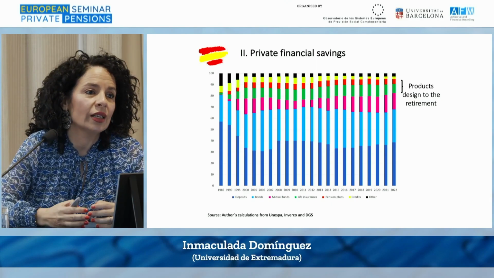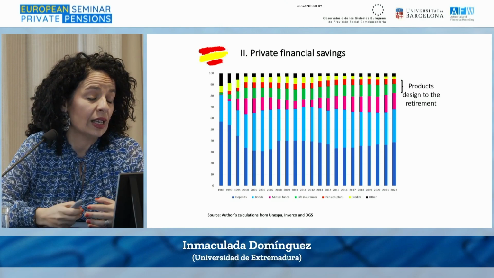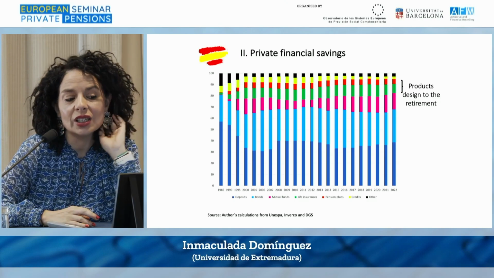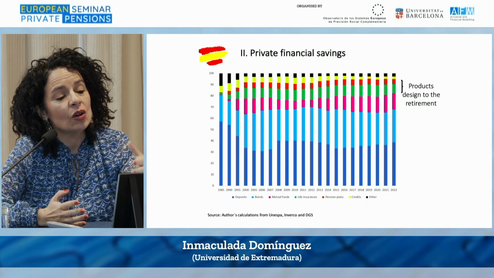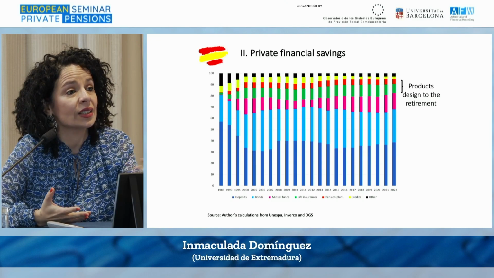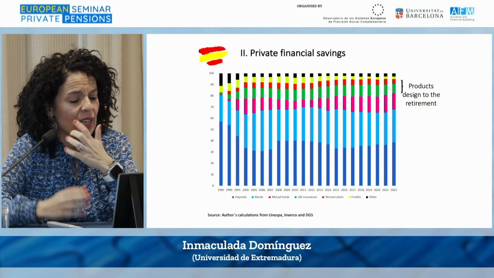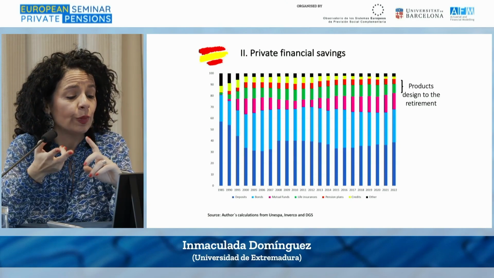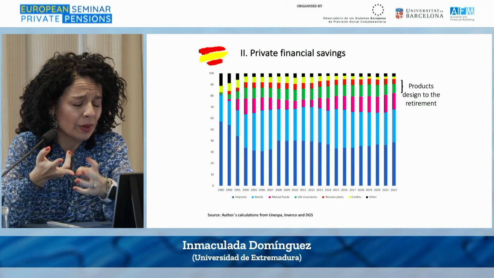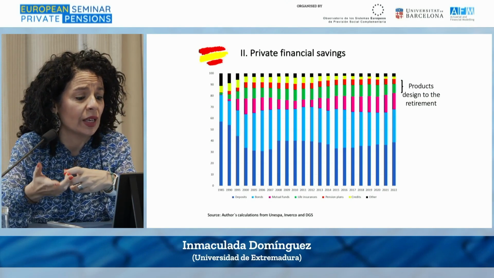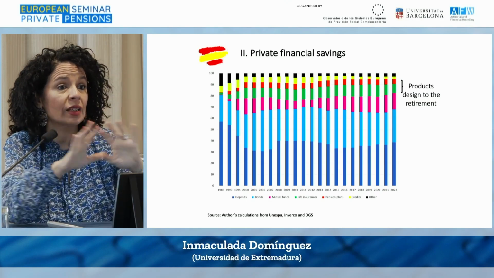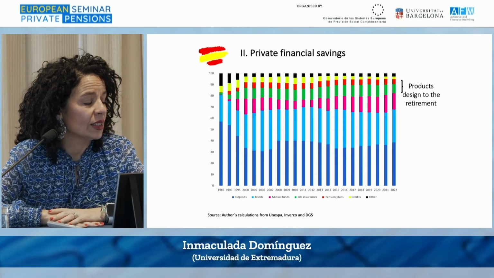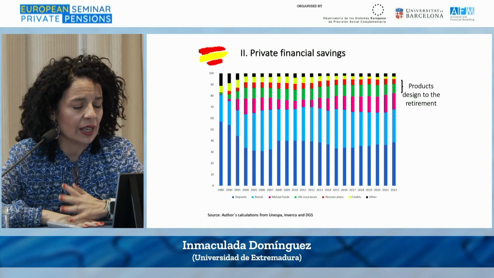And now I would like to speak about the second and the third pillar. The first idea that I want to see is how the Spanish people save. And here is a long period of time, from when the pension plan and the complementary system began in Spain, to try to see graphically how the people decided to save.